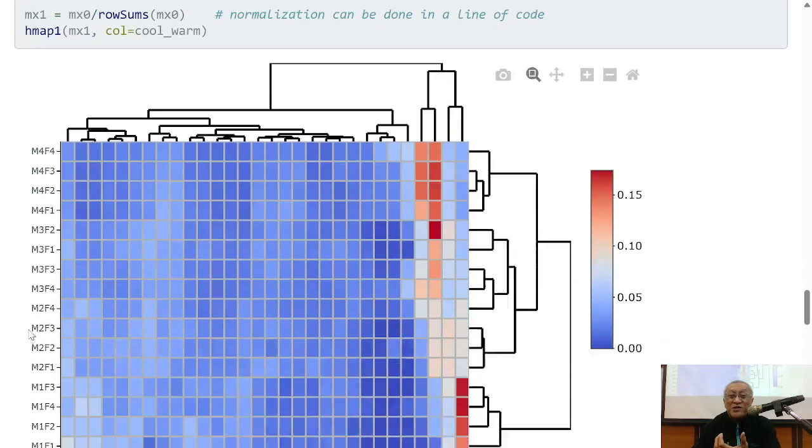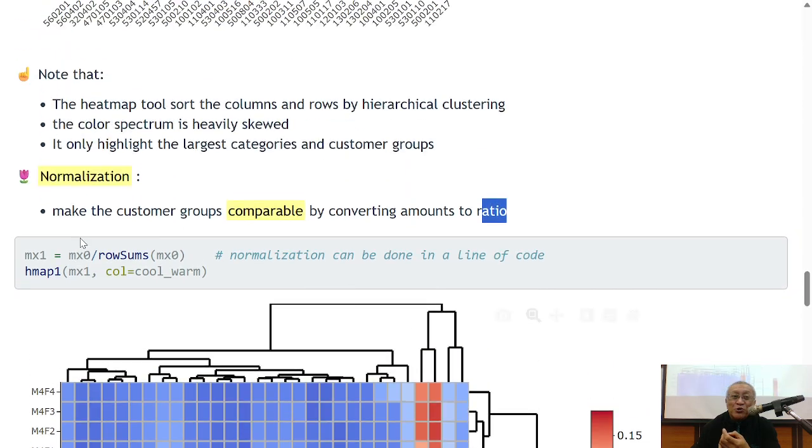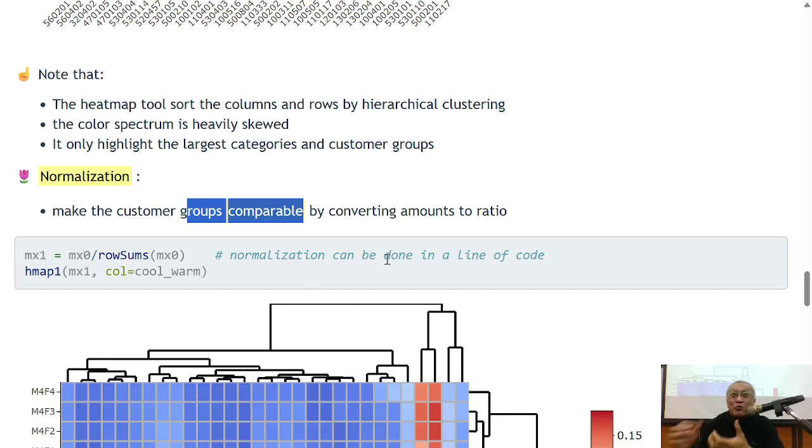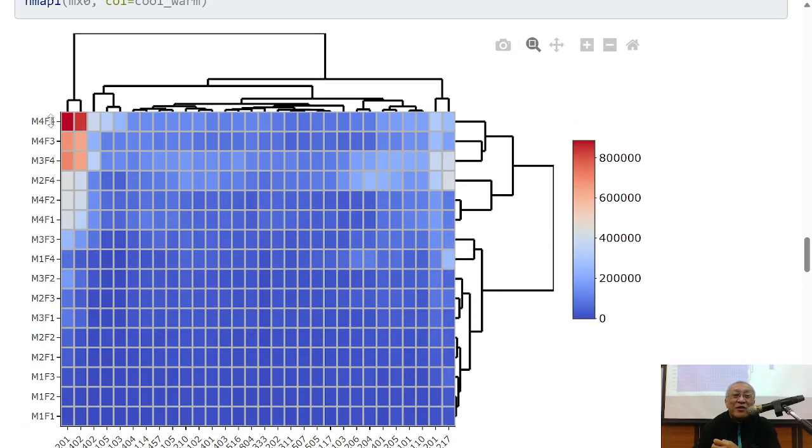Now, if you want to see the different buying pattern across different customer groups, you need to do a normalization, which converts the amount into ratio. Okay, so that the groups become comparable, right? Otherwise, they are not comparable, right? If you are comparing the buying amount of M4 F4 to M1 F1, there's nothing to compare because everything here is absolutely higher than everything in here, right?